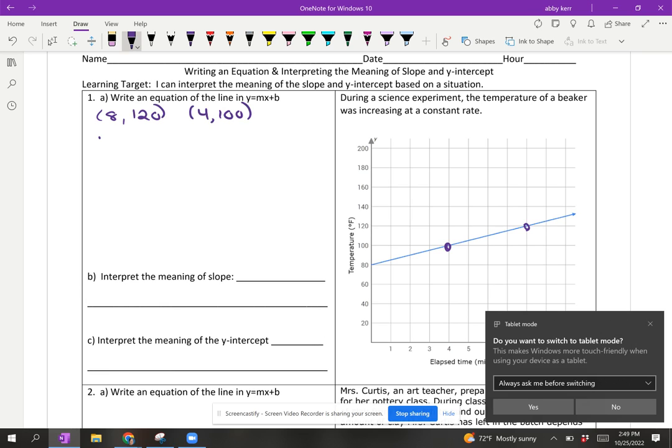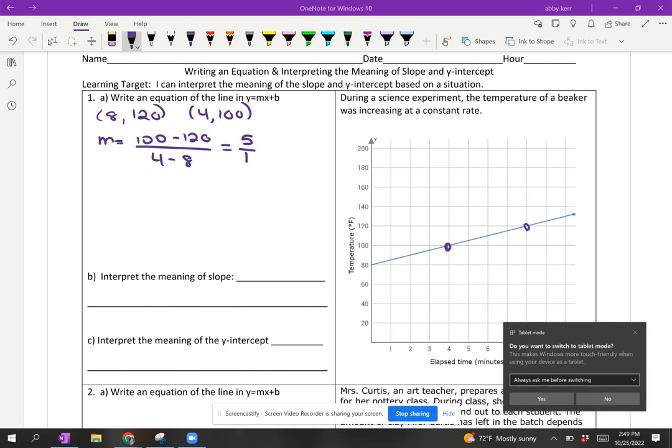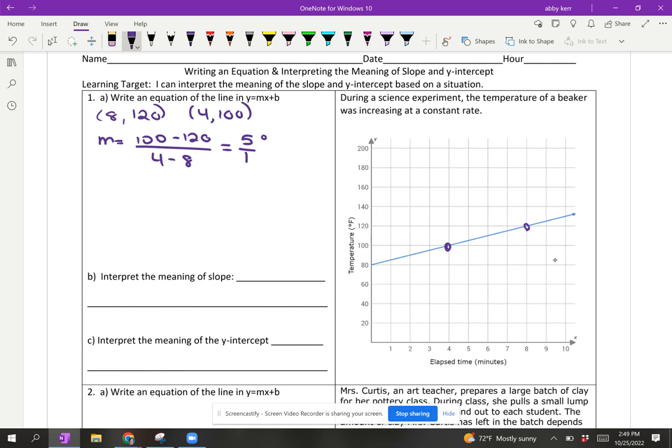Now we're going to do m equals 100 minus 120 over 4 minus 8. If we put that into the calculator, it's going to simplify to 5 over 1, or just 5. So our slope is talking about Fahrenheit, because that is our y value, and it's talking about minutes, which is our x value.